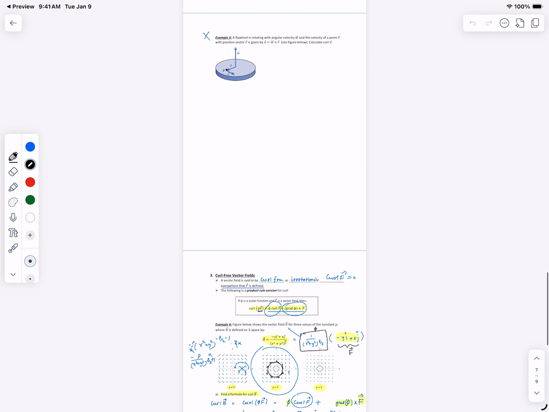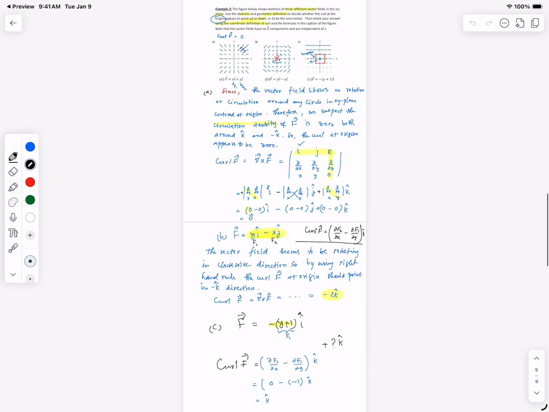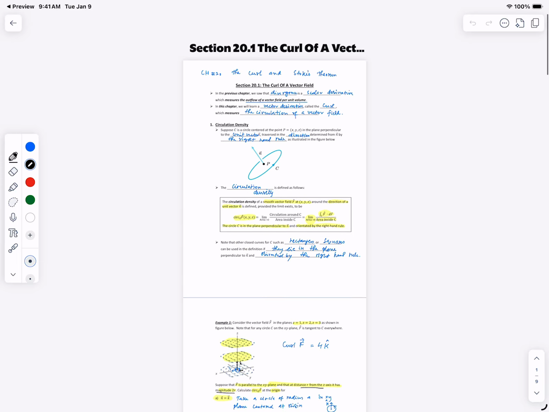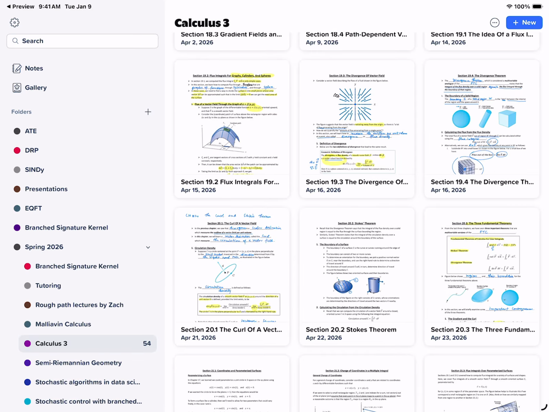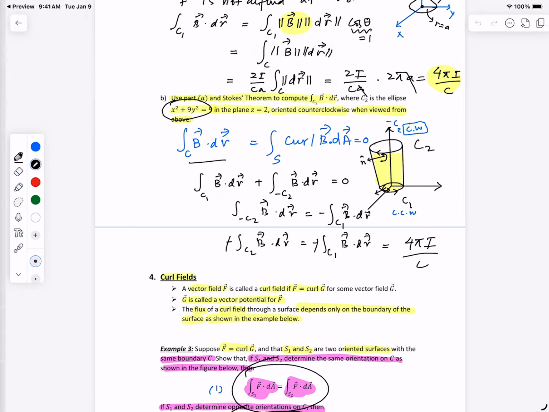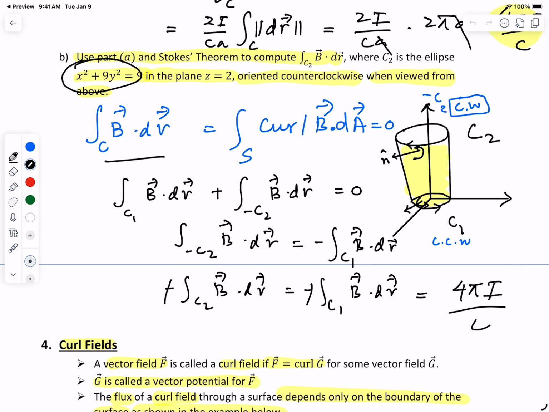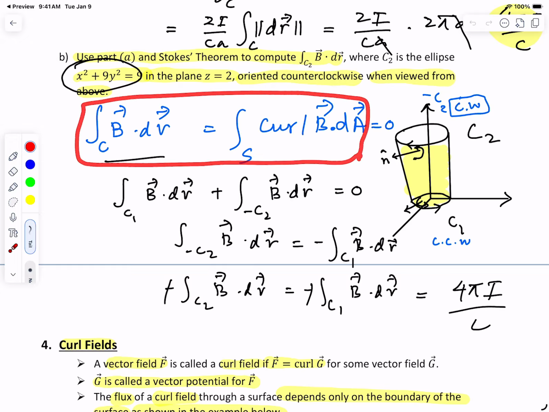I don't remember where was that. So it should be something here. Yeah, this example. So we are saying that this statement is true. This is Stokes theorem.